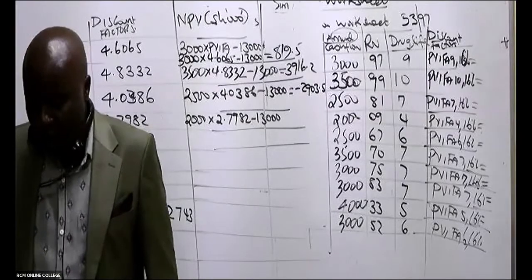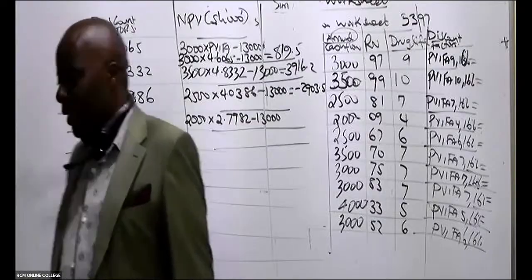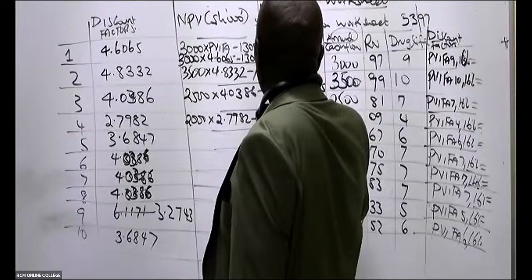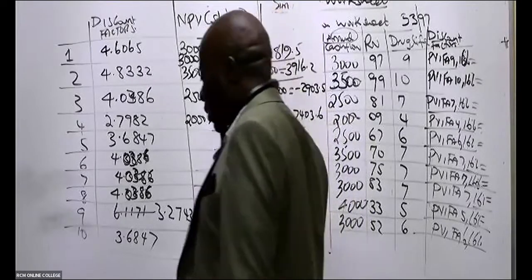So according to Lincoln, we are getting negative 7403.6. Is that okay? So we go to number 5.